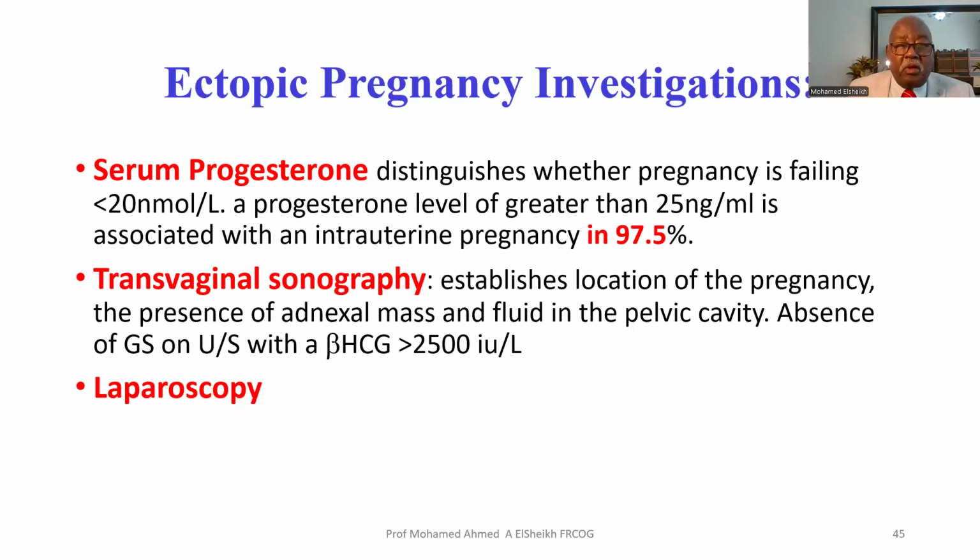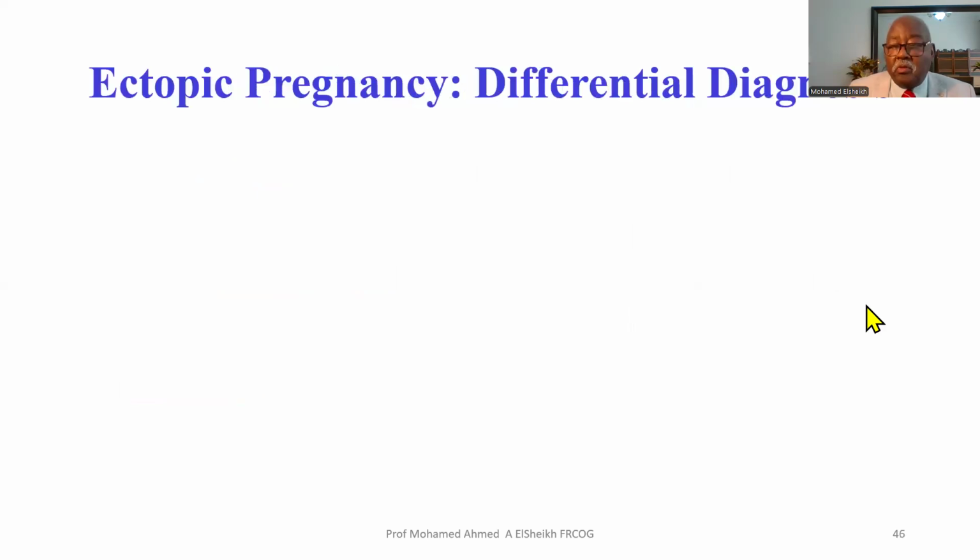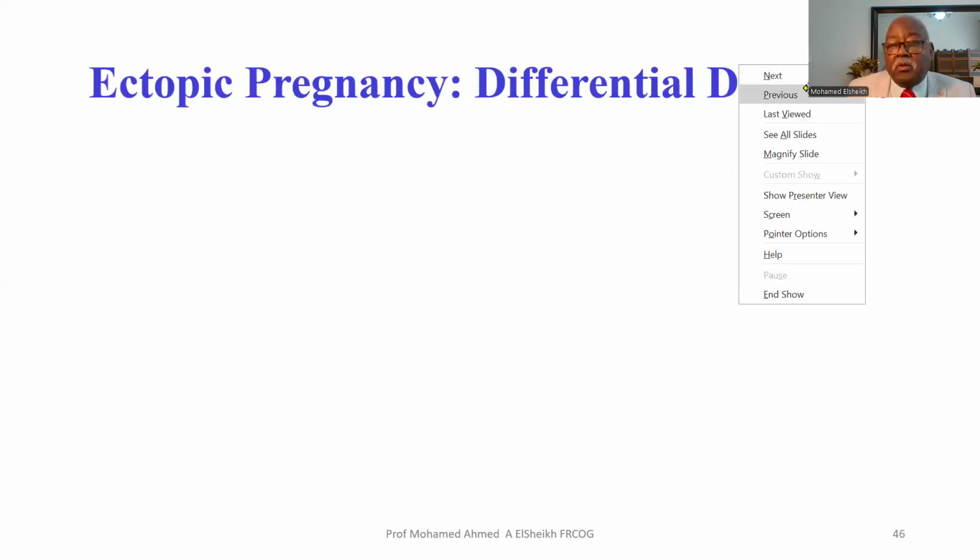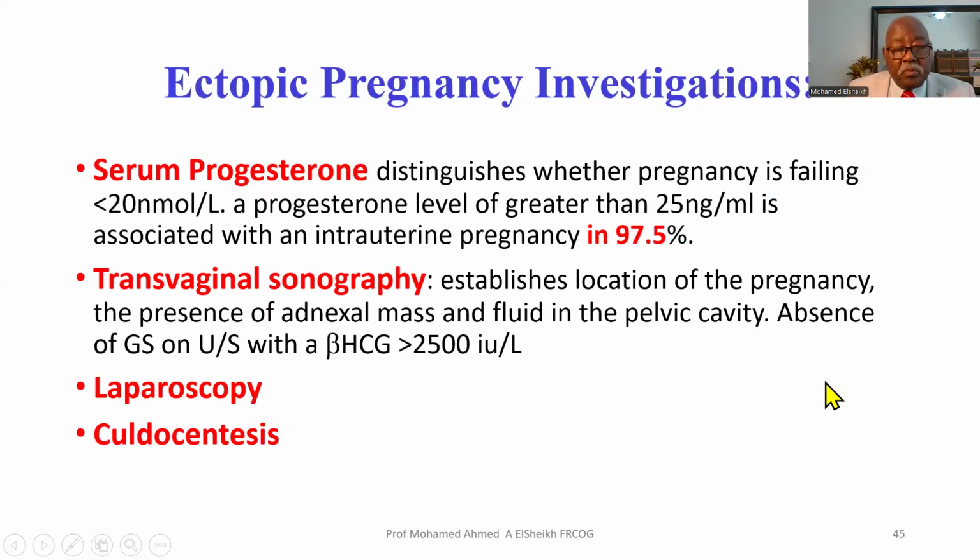Diagnostic investigations, as we have said: beta HCG, serum progesterone, transvaginal sonography, laparoscopy. Laparoscopy could be both for diagnosis and treatment, as you will see. Culdocentesis: you put a needle in the posterior fornix and you aspirate.